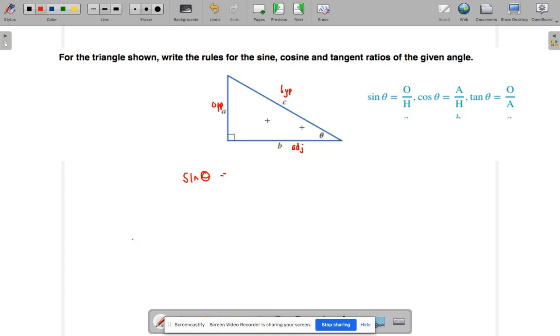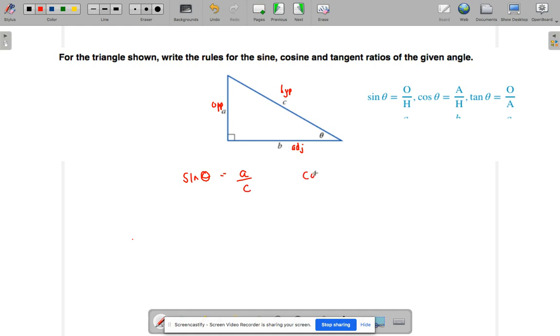Remember, opposite is opposite the theta, hypotenuse is the longest side, adjacent is next to the theta. So sine theta is opposite over hypotenuse. Our opposite is A, our hypotenuse is C, so sine theta would be A over C.